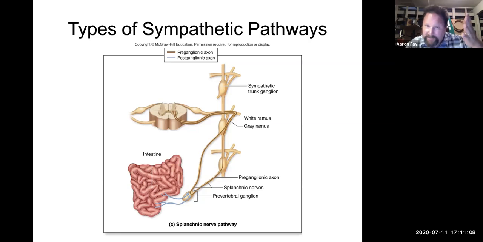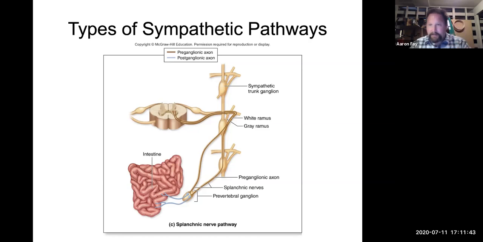This is strange because long presynaptic axon, short postganglionic axon is what? That is a characteristic structure of the parasympathetic nervous system. But this is not the parasympathetic nervous system. This is the sympathetic nervous system. So the splenic nerve pathway of the sympathetic pathway looks like the overall structure of the parasympathetic pathway.